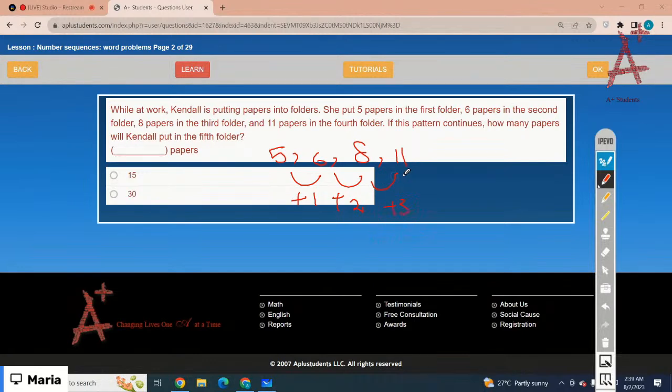For the next one, you have to add 4. So 11 plus 4 makes 15. That means the next number here is 15, right?